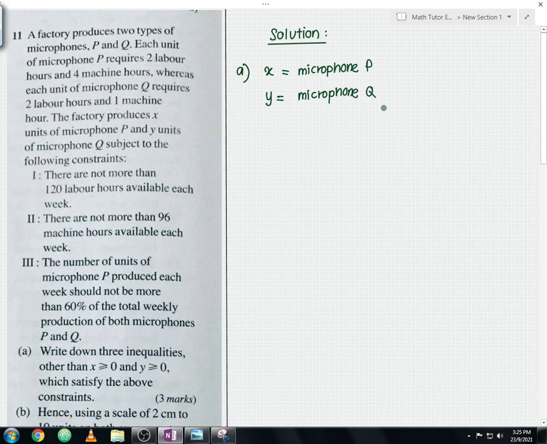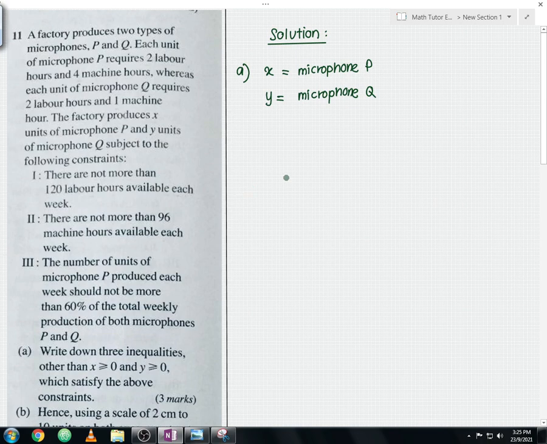Okay, so this information is very important. Next we proceed to the other information that can be useful. It mentioned here, each unit of microphone P requires 2 labor hours and 4 machine hours. So what we're going to do is convert this statement into a simplified version.